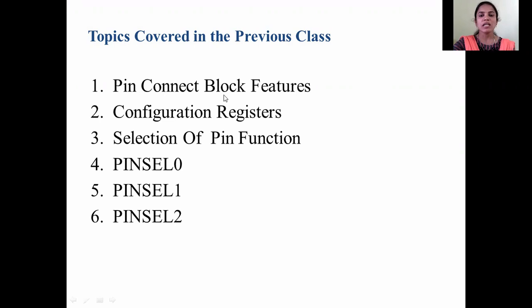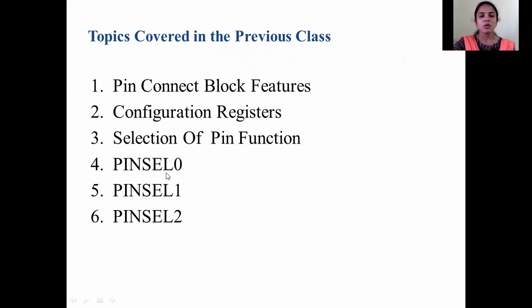The pin connect block allows selected pins of the microcontroller to have more than one function. By using the configuration registers, there are three configuration registers in the pin connect block: pin select 0, pin select 1 and pin select 2. All these three registers are 32-bit registers.